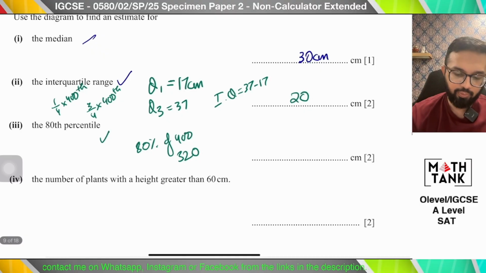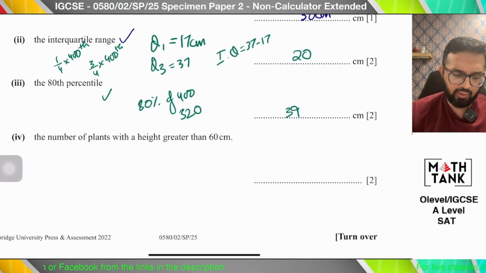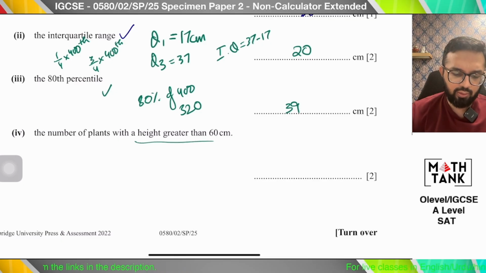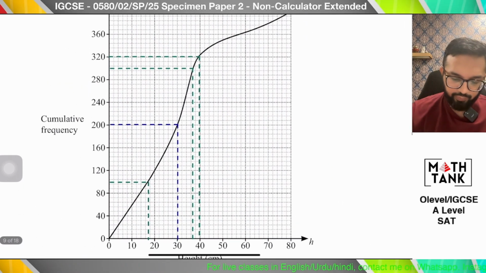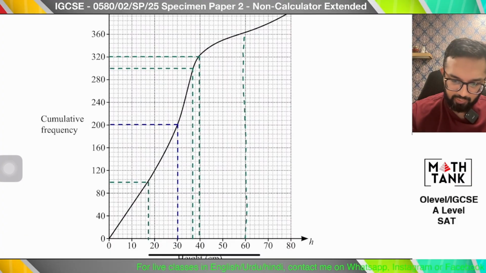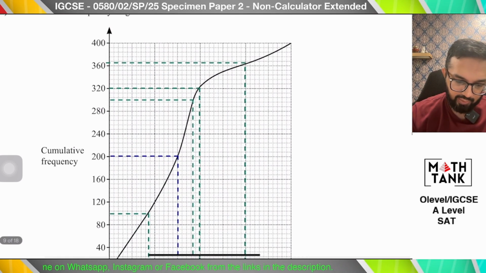My line is getting rounded off a little, so 39 is the right number. The number of plants with a height greater than 60 centimeters: you go from here and you're ending up somewhere in the middle. So that's a little above 360.